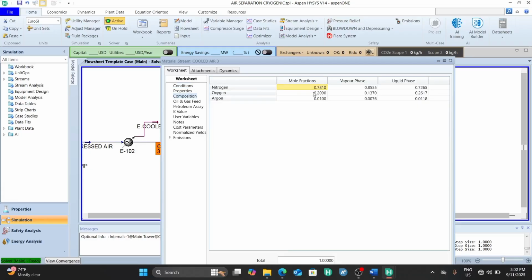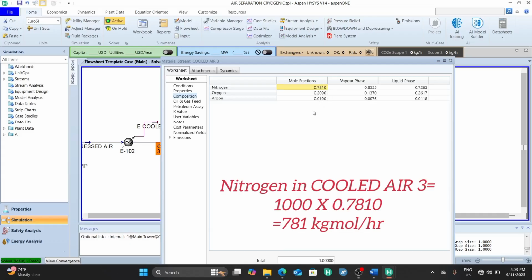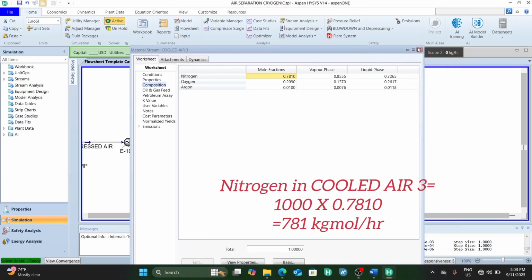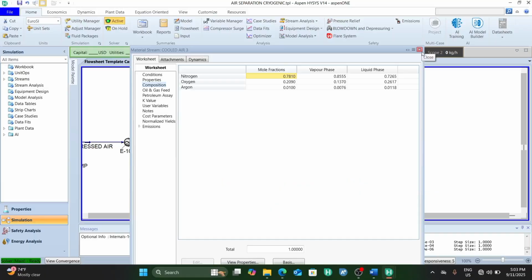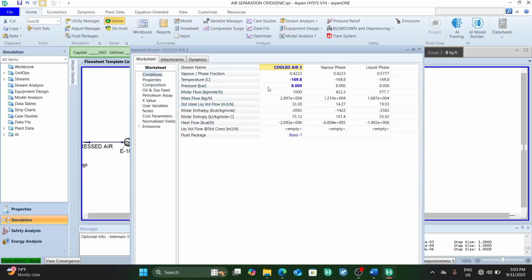And then we have 78.1% of nitrogen. So if you do multiply that, we get a quantity of 781 with respect to the nitrogen present inside our feed. That's the total nitrogen present in this air mixture, 781 kilogram mole.